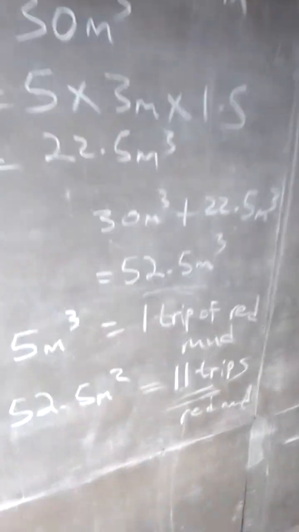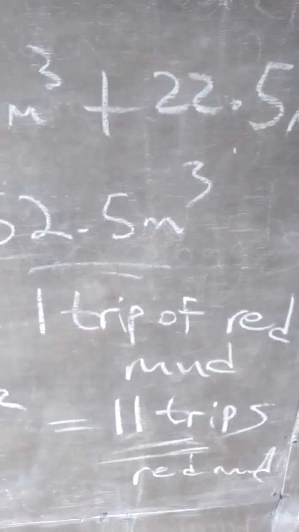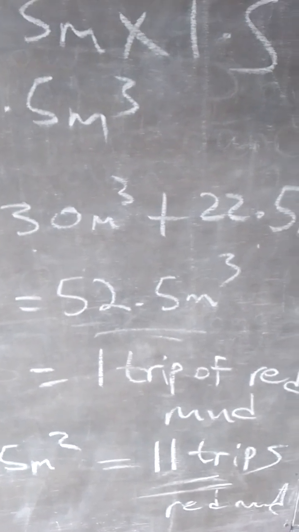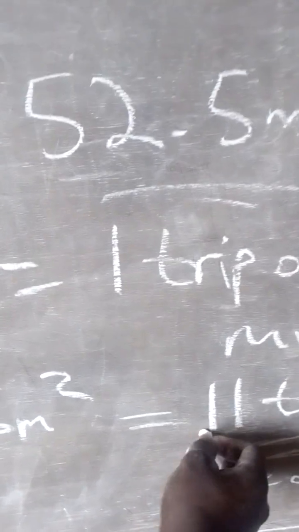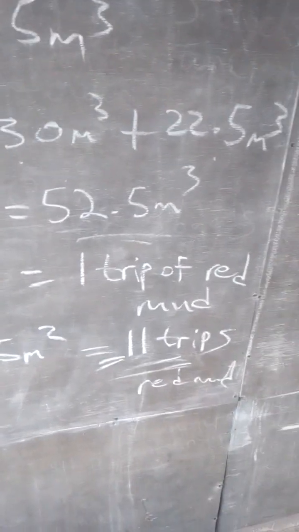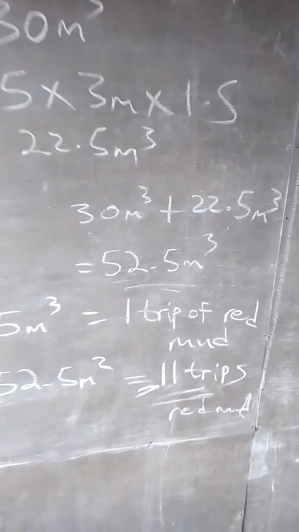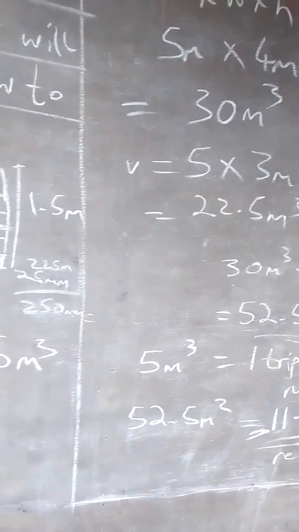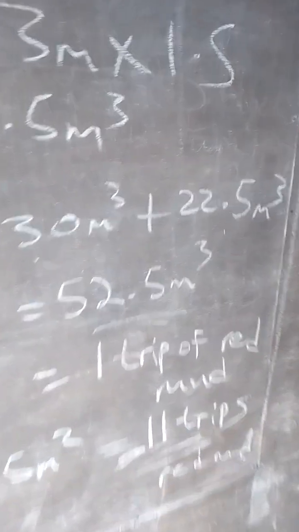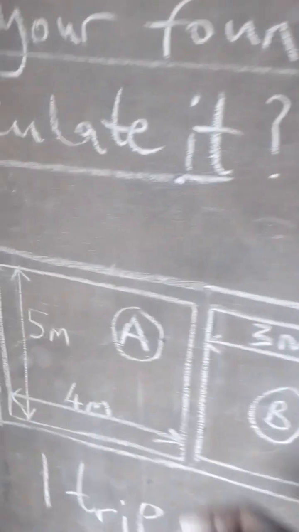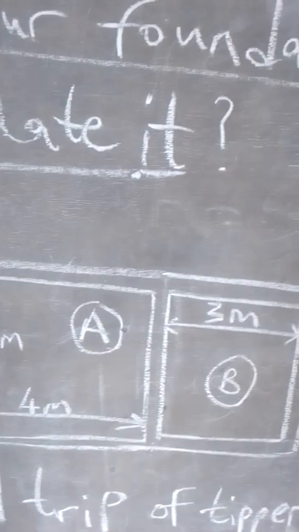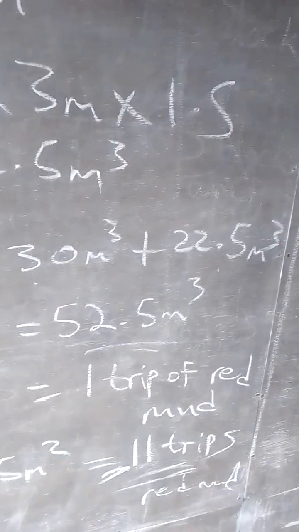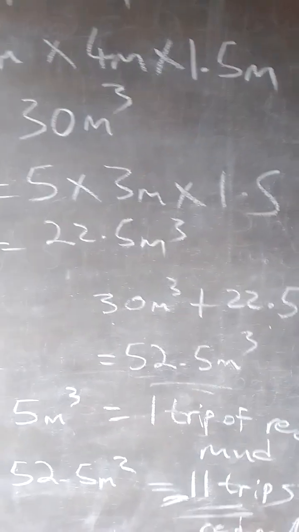This calculation is just a guide to tell you that the total number of red mud that I need should never exceed these 11 trips. You should be saying, okay, let me divide it into 2: 5 trips, 4 or 5 trips, because there is already sand that has been excavated, which will also be reused. So this is an estimate, a guide, and not actual.